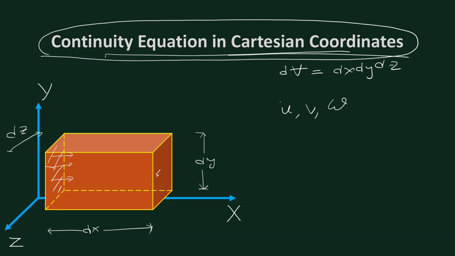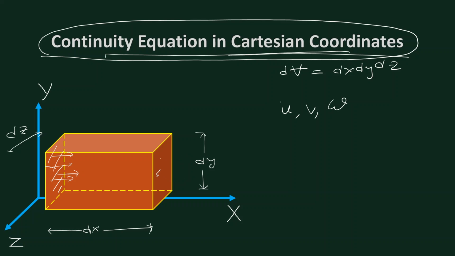So, for a uniform sign convention, let us consider that inflow is positive, that is, when flow is taking place into the control volume, it is considered positive, and when it is leaving the control volume, then it is negative flow.